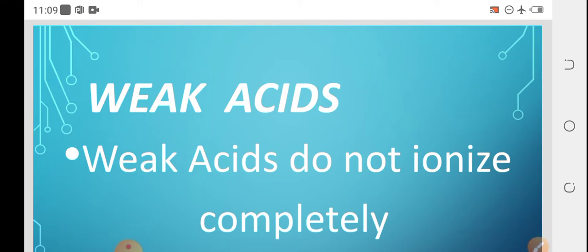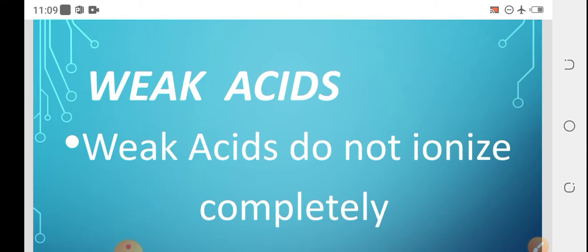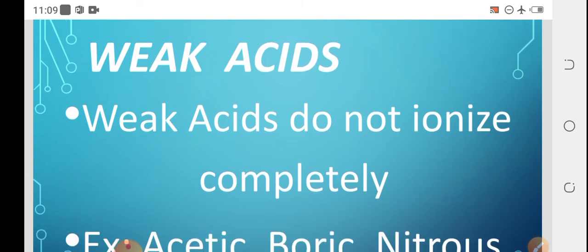Acid materials are called acidic materials, and base materials are called basic materials. What is a weak acid? Weak acids do not ionize completely.